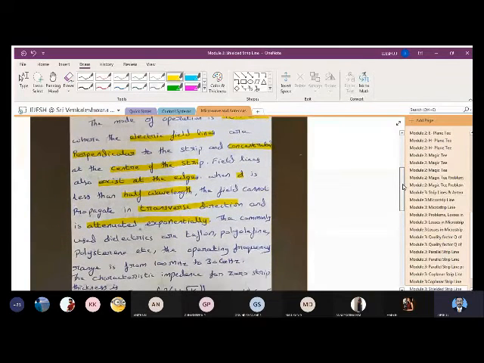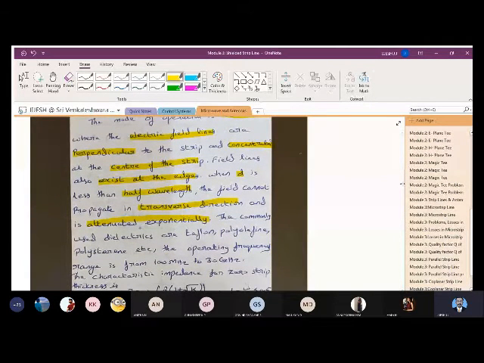And one more point: the commonly used materials for this are Teflon, polyfine, and polystyrene. These are some of the materials used for manufacturing shielded strip lines.